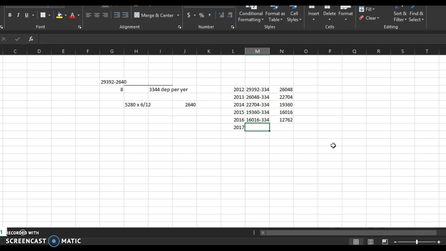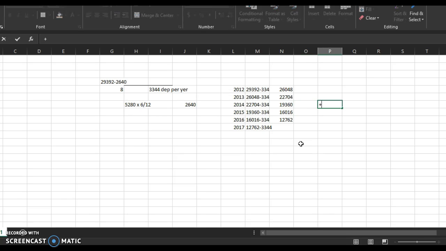So that leaves us with a value in 2017 of $12,762. And so we need to know the value of the property minus all of the depreciation. And if you'll give me just a minute, I totally lost my train of thought. Okay, sorry about that. And then we would subtract one more year for 2017.